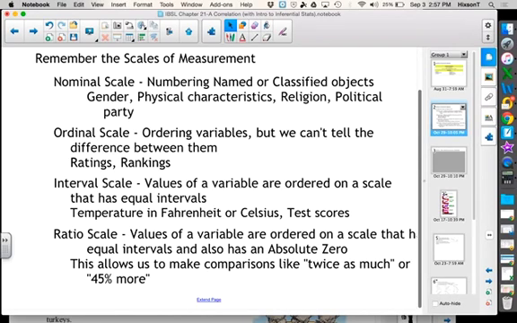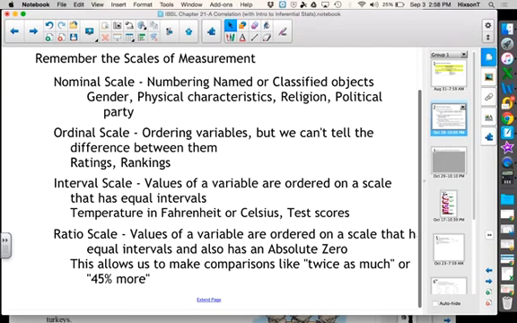It's kind of a fine distinction here, but if you're talking about your grade and you got a 75%, that doesn't mean you know 3/4 of everything there is to know about that topic. And if you got an 80%, someone else got a 40%, that doesn't mean you know twice as much about that topic. It just means you happen to get twice as many right on the test. But you're talking about points. In points, there would be a ratio scale because there is an absolute 0 amount of points.